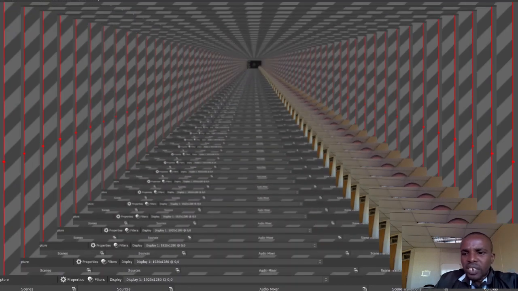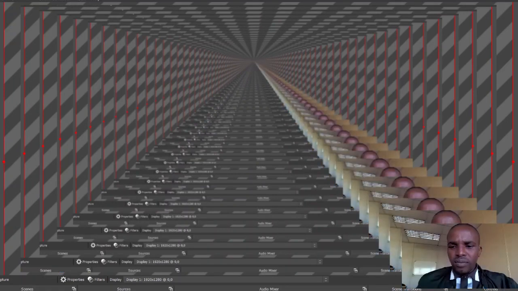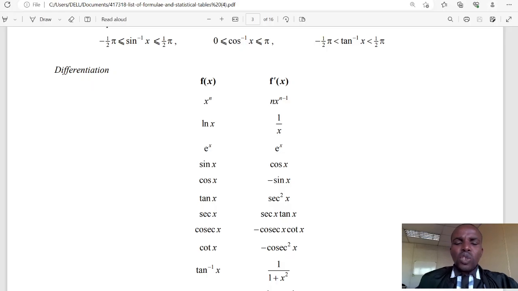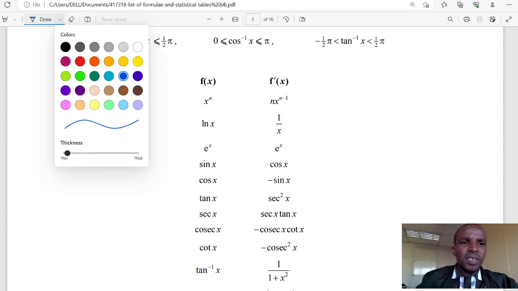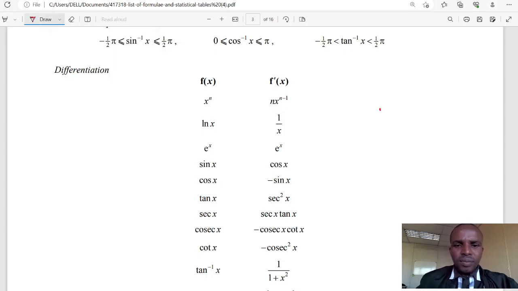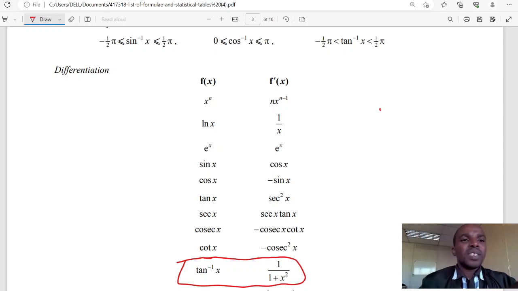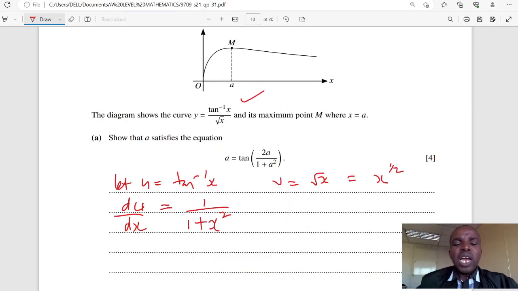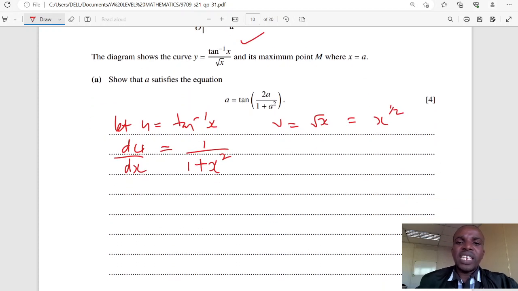Let me check again. Right, so this is arctan on differentiation. So differentiate arctan x, you get 1 over 1 plus x squared. So that's the item that you have to use here, 1 over 1 plus x squared, right?